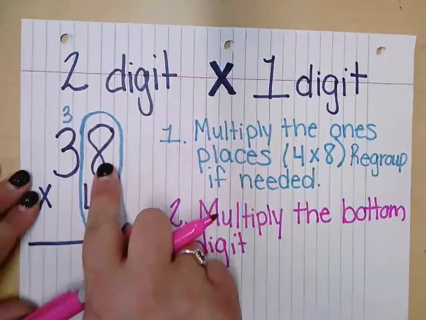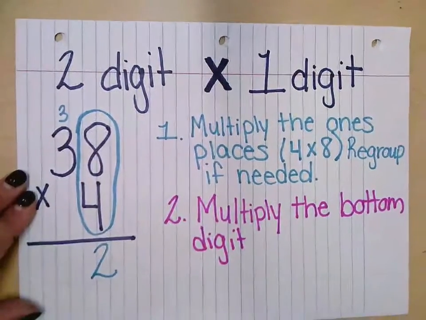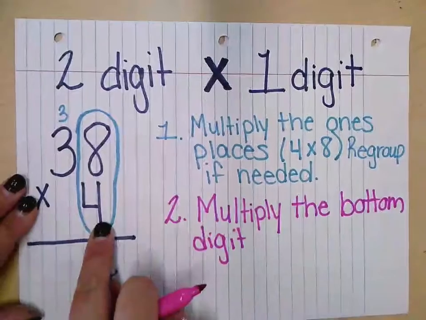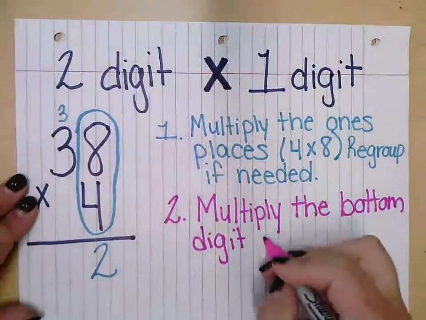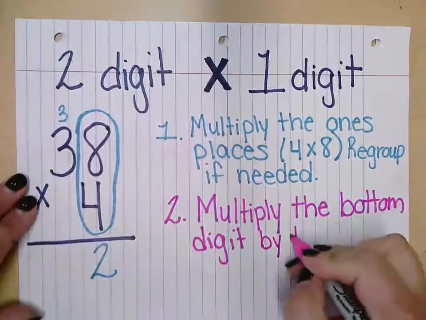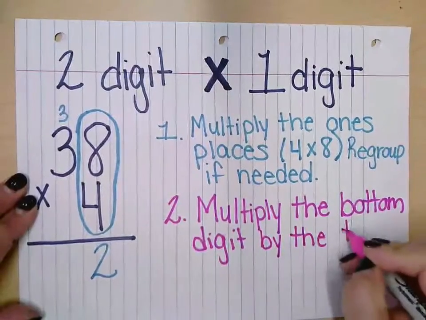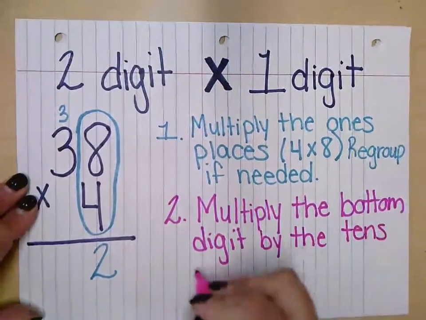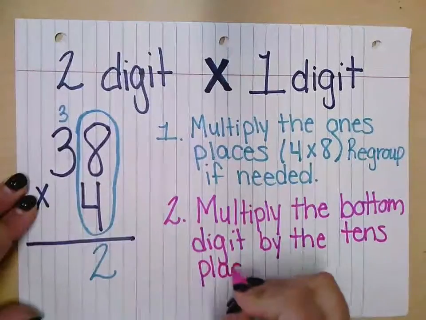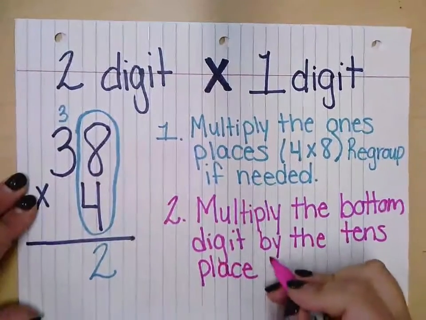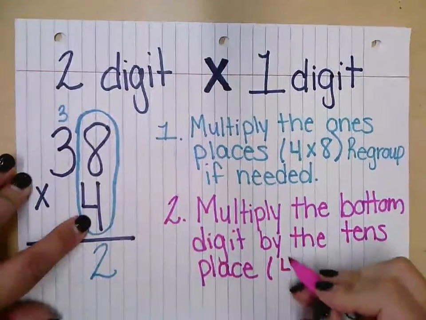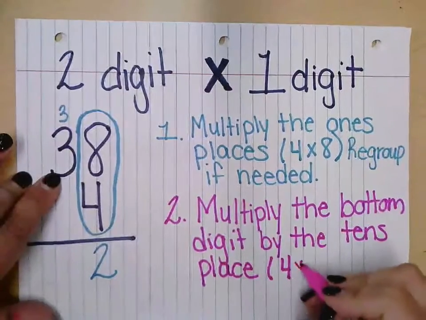If this is in the ones, this 3 is in the tens place value. So we're going to multiply our bottom digit by the tens place. So in this problem, we're going to put in parentheses, that is 4 times 3.